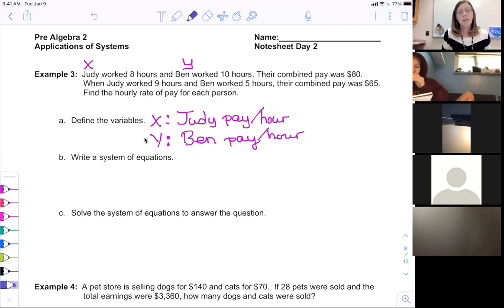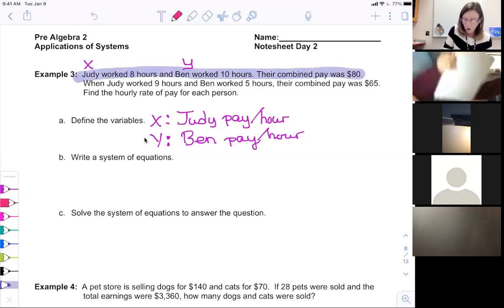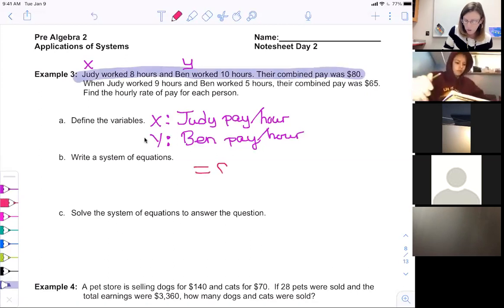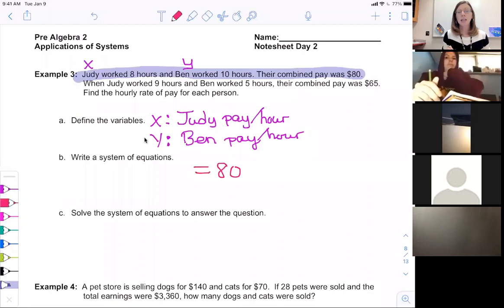Now, this set of equations is a little different than all of the other ones that we've done. If I look at these two sentences together, Judy worked 8 hours and Ben worked 10 hours. Their combined pay was $80. The total combined for the two of them is $80. So that has to go on the other side. Anytime we see a combined amount or a total amount, that goes on the other side.